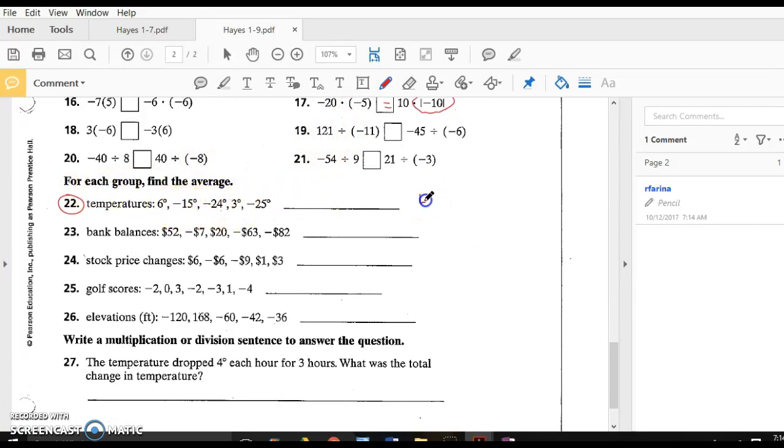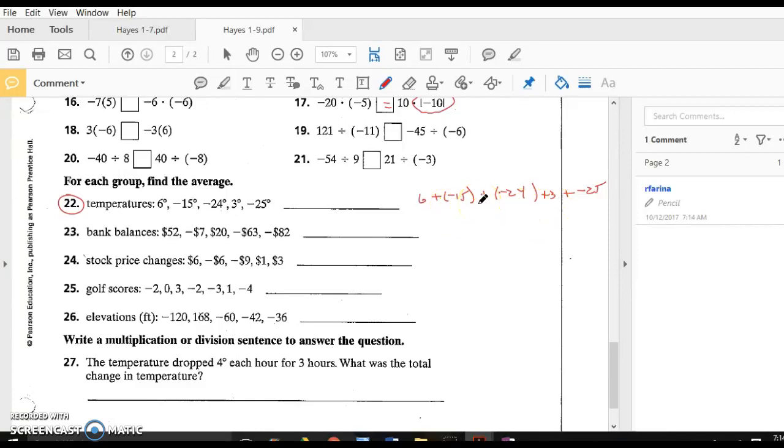When you do 6 plus -15 plus -24 plus 3 plus -25, what is that going to give you?